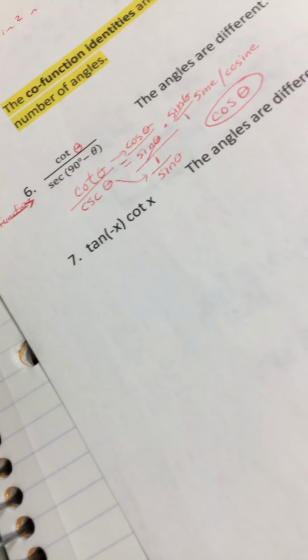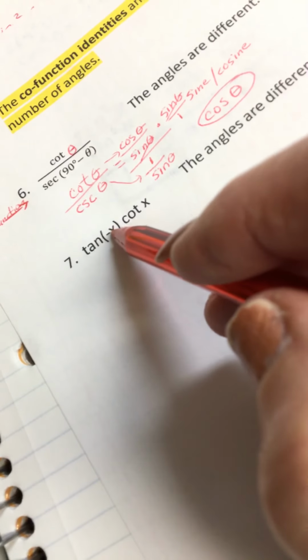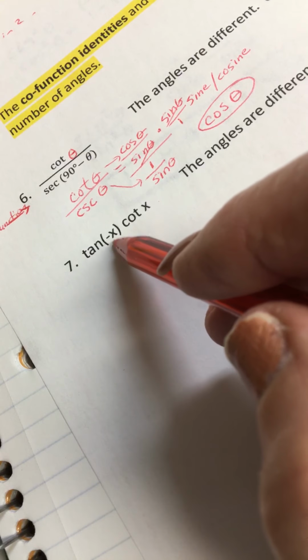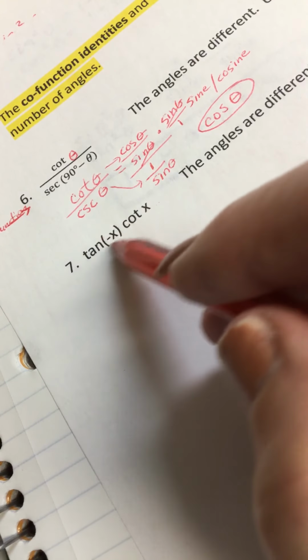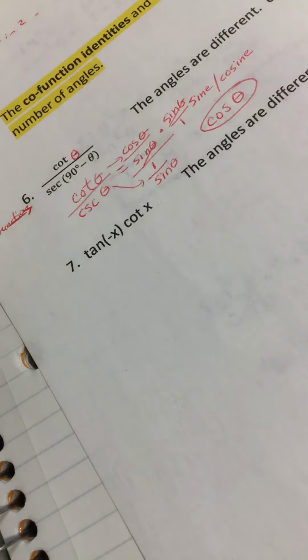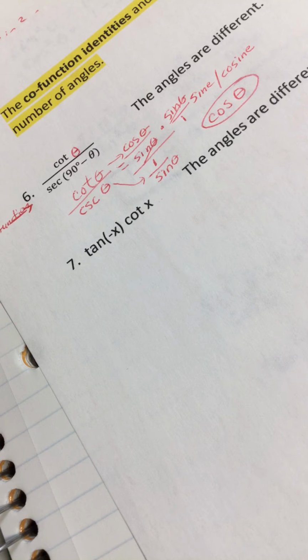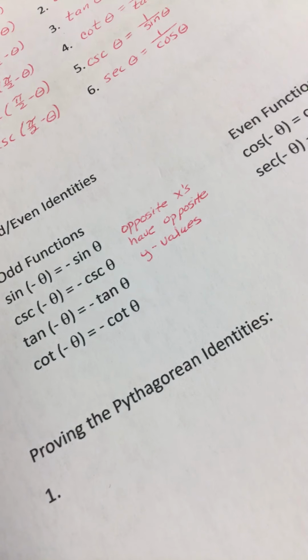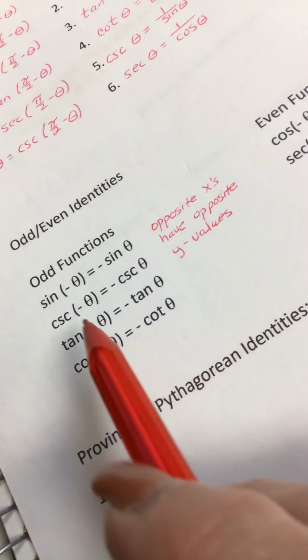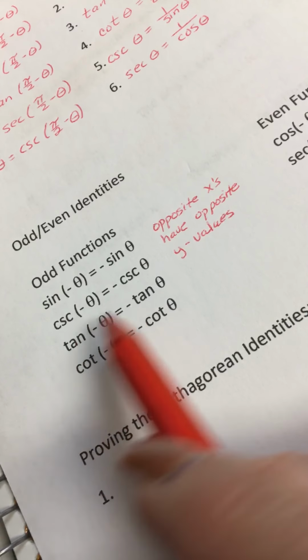Okay. In this case, I should realize that I'm probably working with an odd or even because they are using that opposite of x there, and that's the only time I have an identity that works with the opposite of x. So that was the tangent of the opposite of x, where we have this with theta.